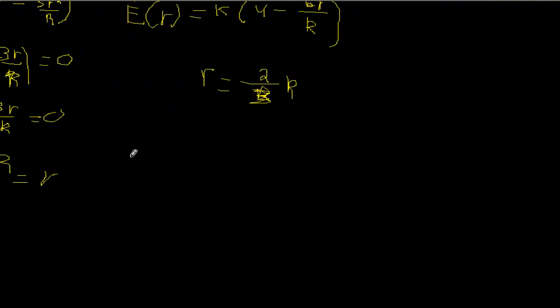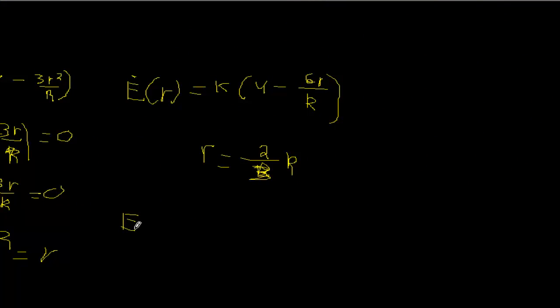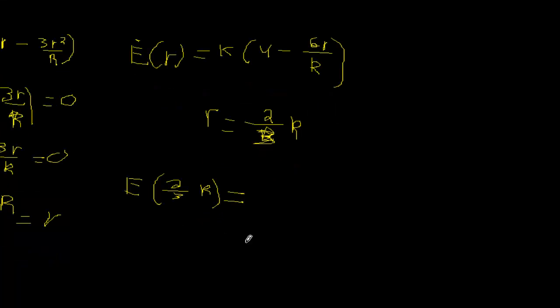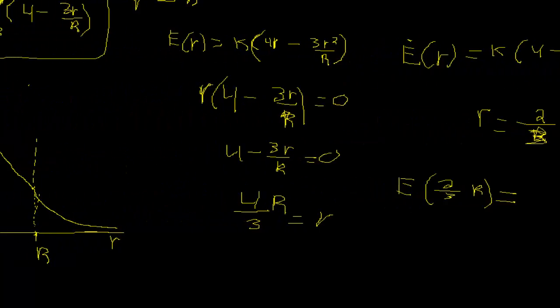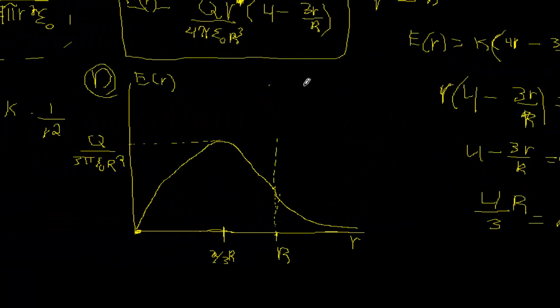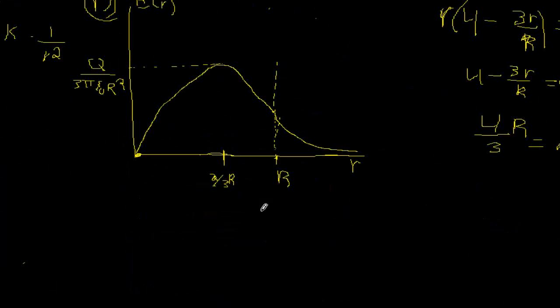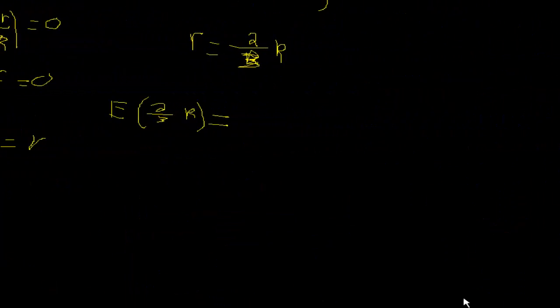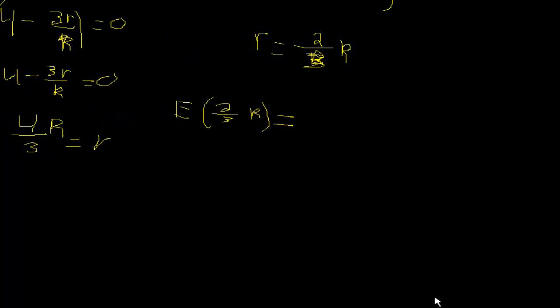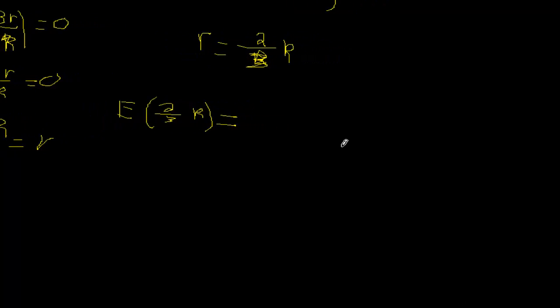And what exactly is that electric field? Well, we plug it in. Since the rest of this problem is just plugging in 2/3 of R into this equation right here, I'm just going to go ahead and give you the answer because I'm trying to save a couple more minutes for my time limit, and that answer is going to be equal to q divided by 3 pi epsilon naught times R squared.